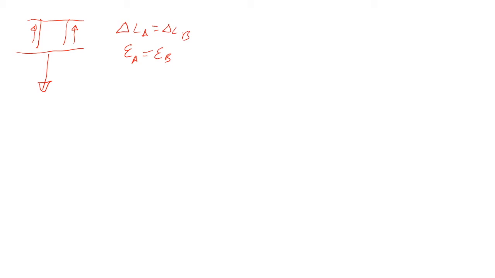And if we just plug in our values for the strain in A and B, we have stress in A over the elastic modulus of A is equal to the stress in B over the elastic modulus of B. We know these values, so we can figure out the relationship in the stress values between A and B. So sigma A is equal to sigma B times EA over EB.